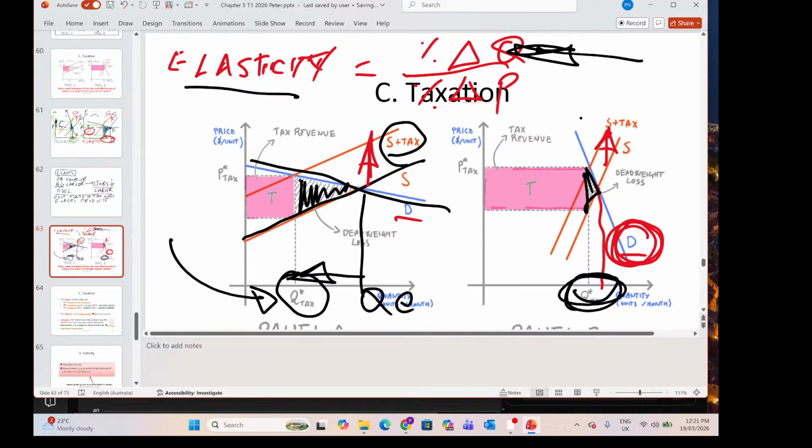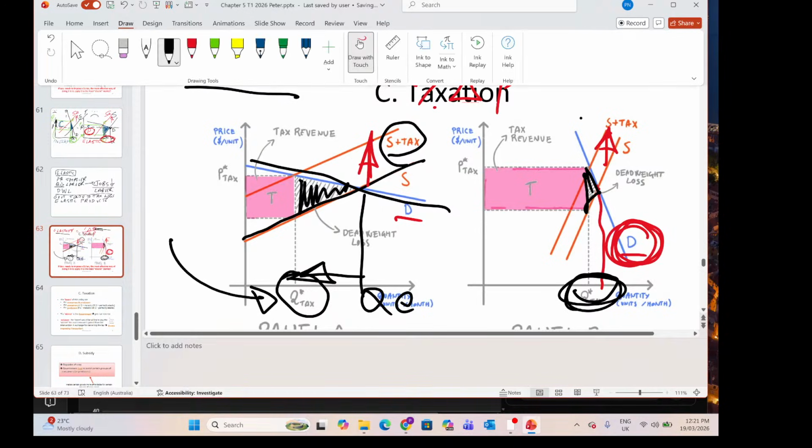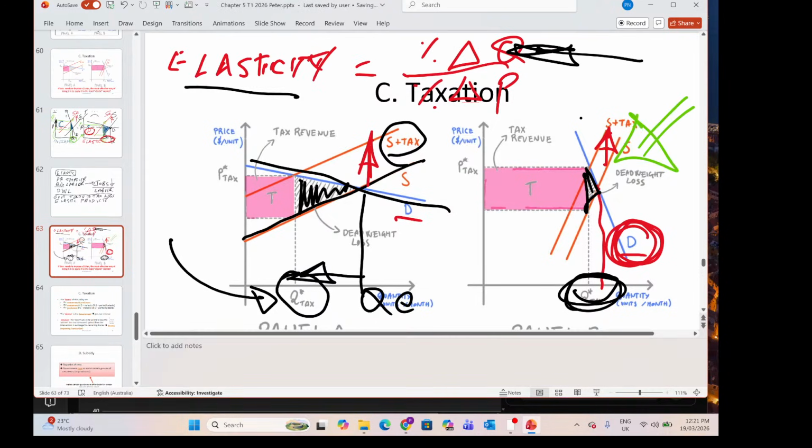So the lesson to be drawn from all this is that governments, when they're looking to impose indirect taxes, are going to be looking at these sorts of goods. Right? They're going to be looking for these sorts of goods on the right-hand side.